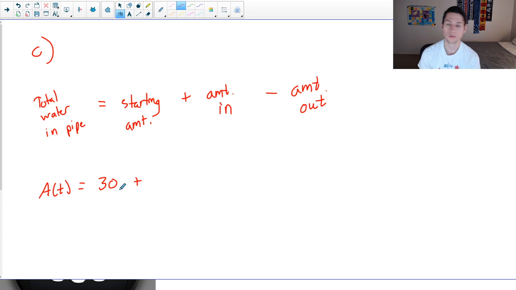Okay, plus the amount in and the amount out. So that's not just R and D, right? R represents the rate in, D represents the rate out. Okay, so to actually find the amount, the accumulation, it's like what we did on part A, right? We take an integral.